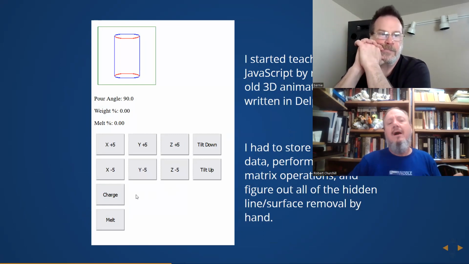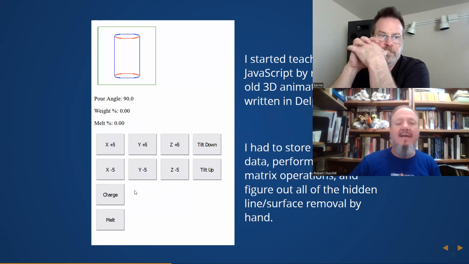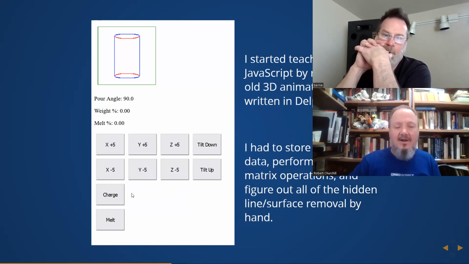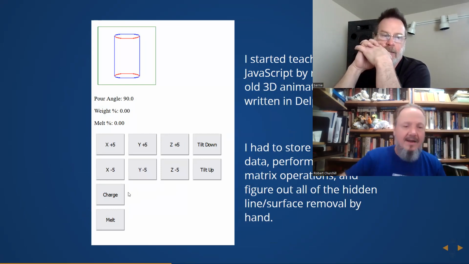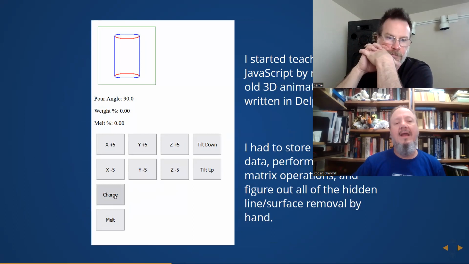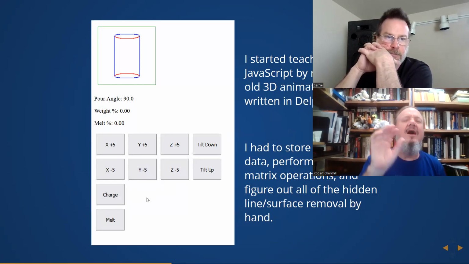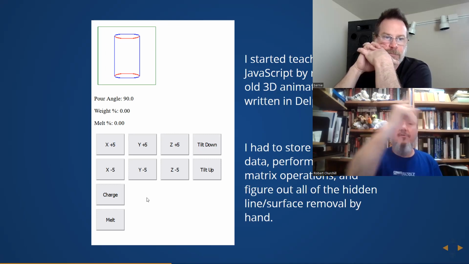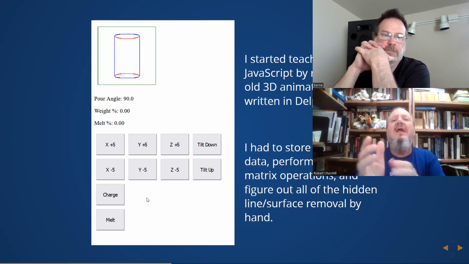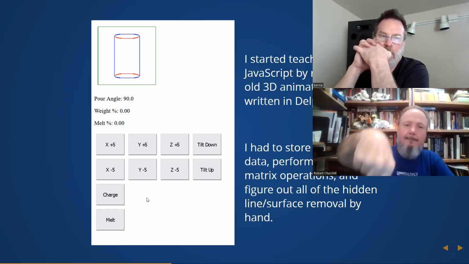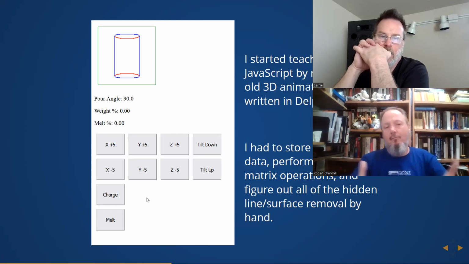So here is a thing I wrote in the mid-90s, just playing around with 3D graphics. I wrote it in Delphi a long time ago. It's an animation of an induction melting furnace, which basically has metal coils running around the outside of a ceramic vessel into which you pour scrap metal or some kind of raw metal.